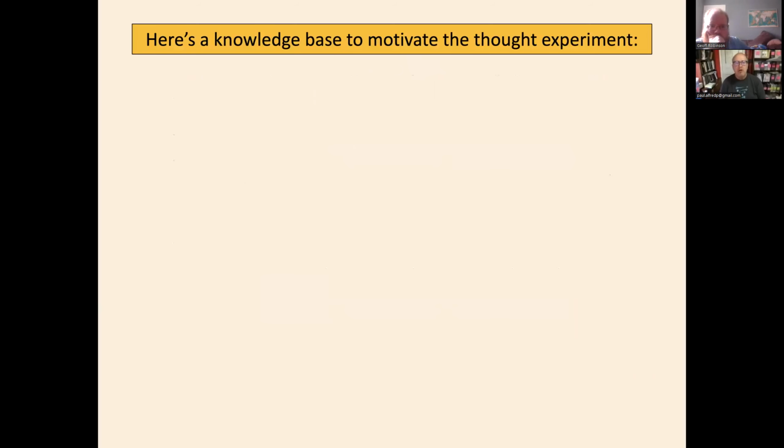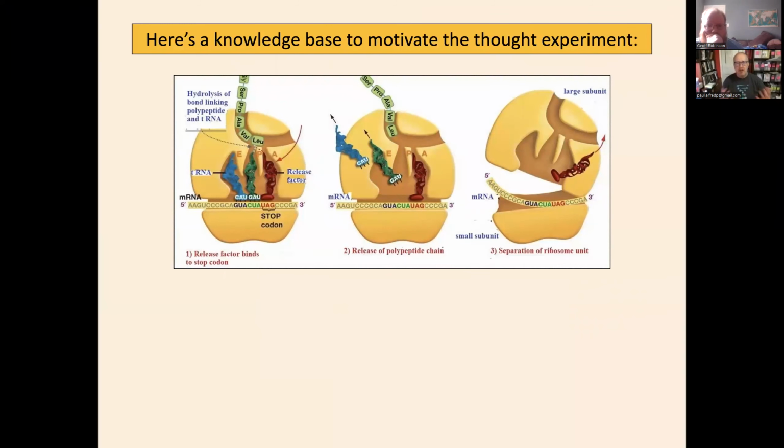All right. So to do the thought experiment, we need a knowledge base. So here is a ribosome making its way down a messenger RNA strand. And I have to tell you, this kind of big marshmallow representation of the ribosome is what I had in my textbooks when I was a college and graduate student.